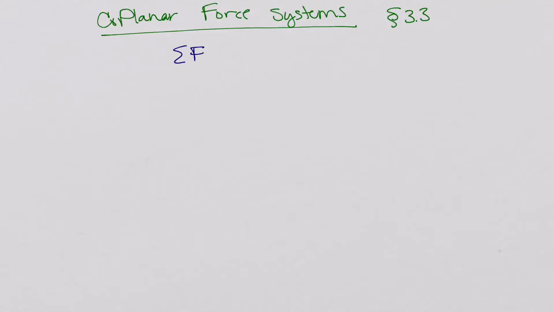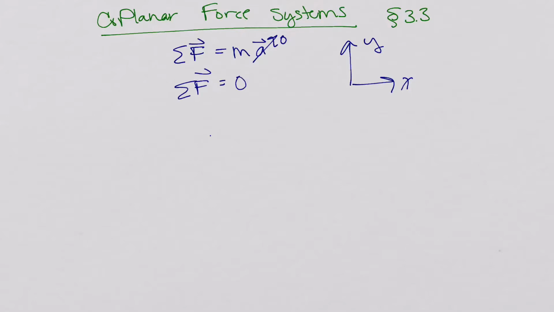Sum of the forces equals mass times acceleration. I guess I should say for coplanar, that means that all the forces are on that same plane. So it could be on an X and Y plane. Wouldn't have to be X and Y, but basically in a two-dimensional system for these coplanar forces. So sum of the forces equals mass times acceleration. For these, we're not moving, so the acceleration is 0.